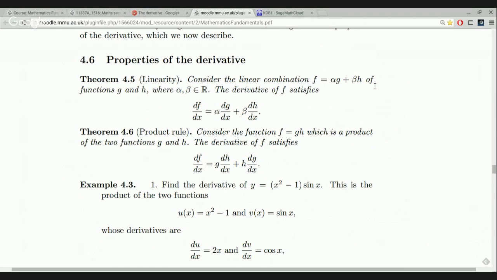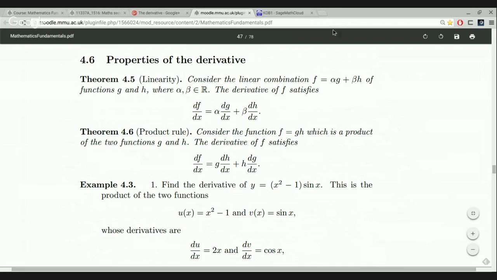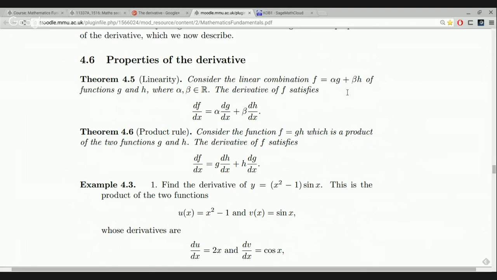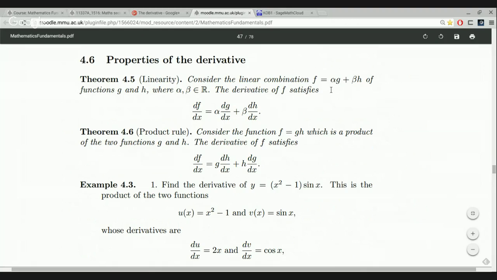So what does that mean in this context? Well, in this context, that means if you've got two functions, g and h, well, you can take a linear combination of them to form a new function f. The f is alpha times g plus beta times h. Alpha and beta are two real coefficients. And here you've used the functions g and h to form a new function f.